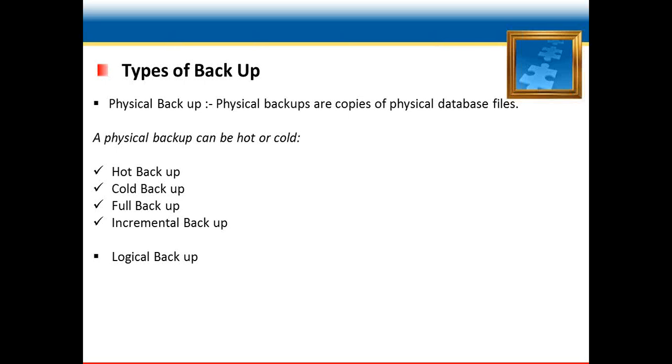Physical backups can be of different types, the most important being hot and cold backup. Then I'm going to explain the full backup, then the incremental backup, and the last one, logical backup.